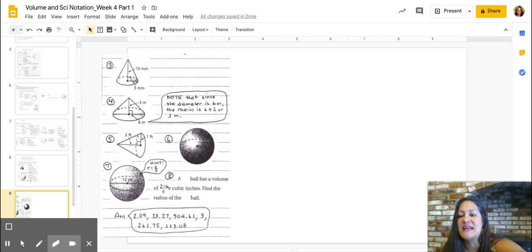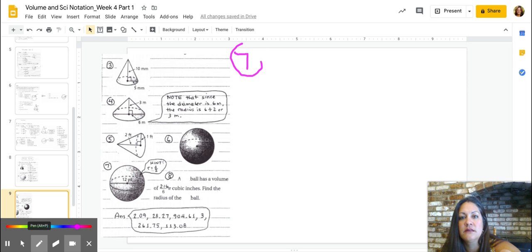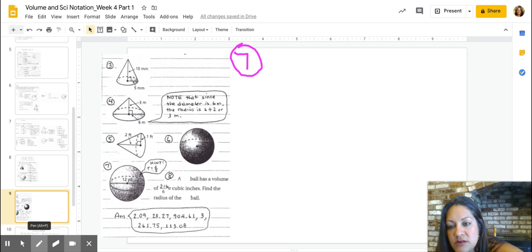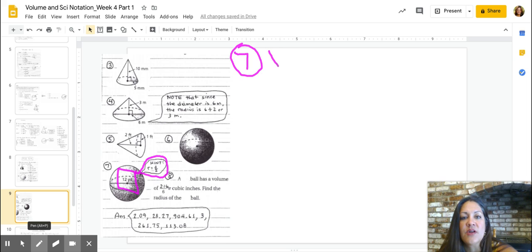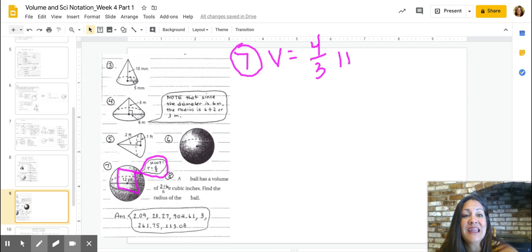Okay, number 7. And right here we show that we have a diameter of 12 yards. And so here's our hint that radius equals diameter divided by 2. So that means we have a radius of 6. So our volume equals 4/3 pi r cubed.